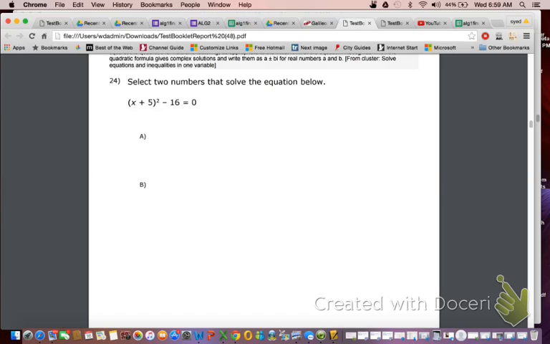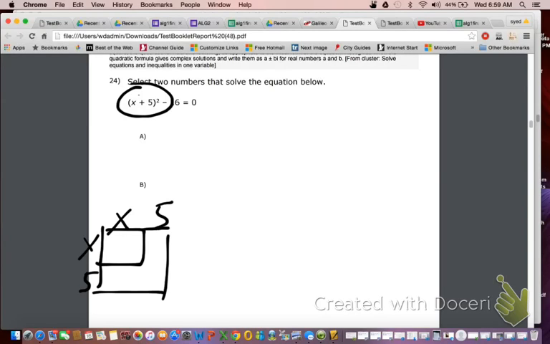Alright, 24, there's no answer choice, but you should be able to get the answer. So first you want to do this. I'm just going to do it this way because I feel like it. So you get x squared plus 10x plus 25.